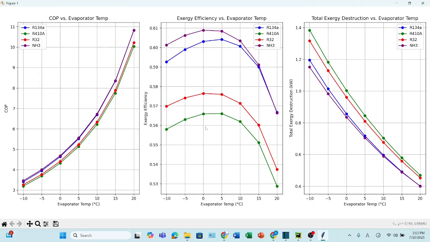So here you can see how we can evaluate the second law of thermodynamics, which is about entropy generation and includes the exergy. We have evaluated the COP profile along with the exergy efficiency and the total exergy destruction. And here we can analyze at which point your system is behaving at its best exergy efficiency. We can see here that at 0 degrees Celsius evaporator temperature, all the refrigerants are performing at their best exergy efficiency.